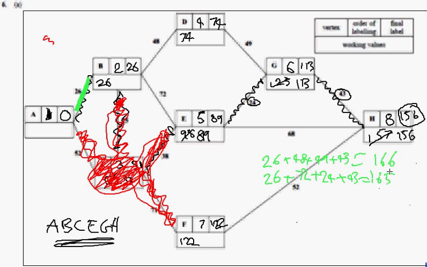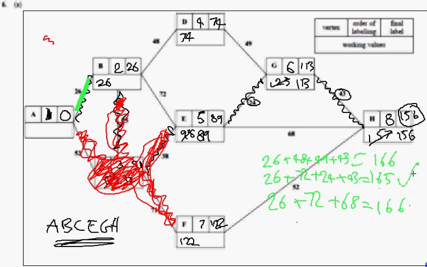Or it could be the third option, going down here and along, in which case we'd do 26 plus 72 plus 68, and that would come to 166.